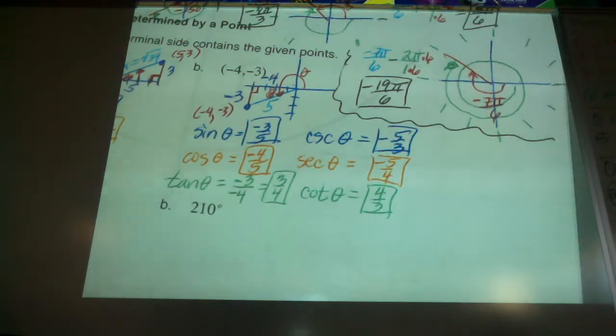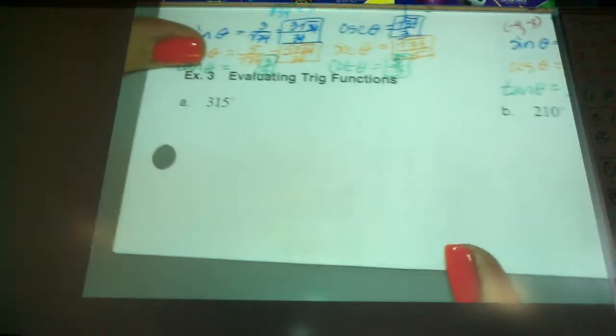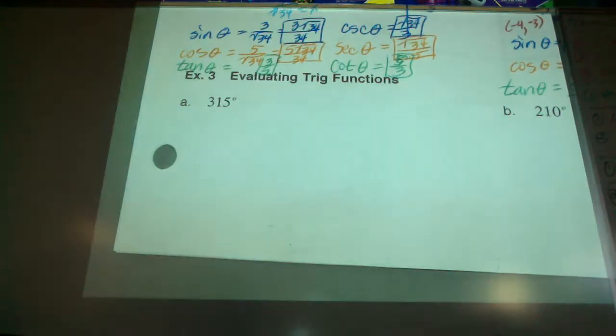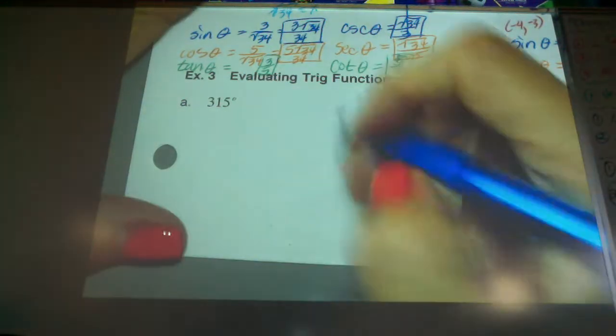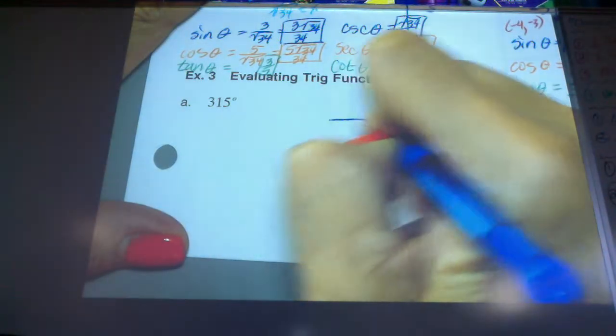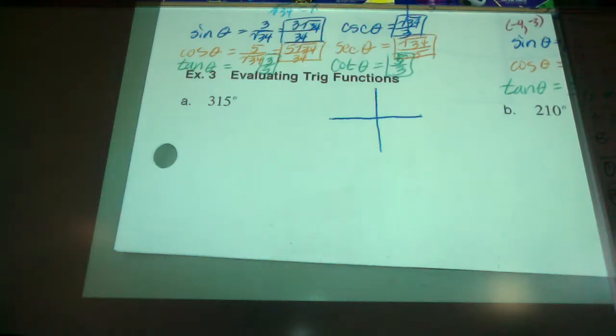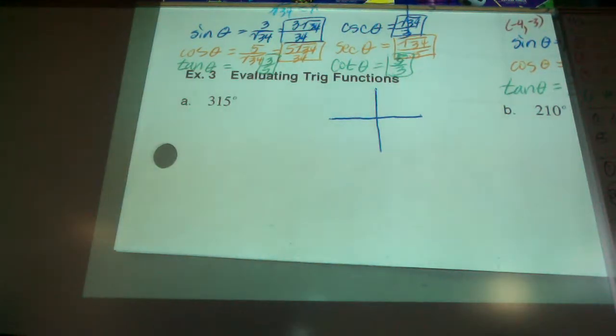Okay. So then let's look at something slightly different. Instead of giving you an ordered pair, what if I actually gave you the degree measure itself? So instead of plotting an ordered pair, you're going to plot a terminal side in the quadrant that it belongs to. All I care about is that you recognize where 315 degrees is in the coordinate grid. Is it in quadrant 1, 2, or 3?